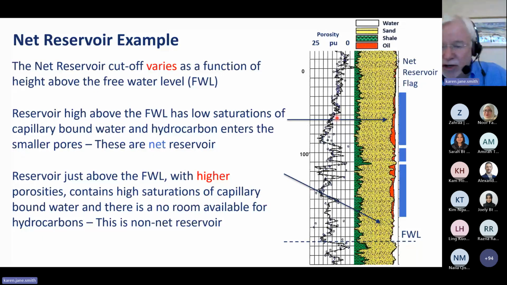Now, at this particular point, shown by the top arrow, we've got low saturations of capillary bound water, and the hydrocarbon enters the smaller pores, as shown by the net flag here. So you've got hydrocarbon. Now, deeper in this section, you've got porosity here above the free water level, which is actually higher than here. Yet this is non-net because the hydrocarbon cannot enter the formation.